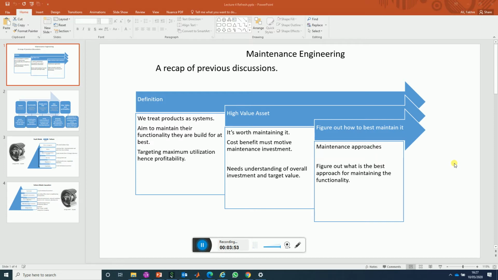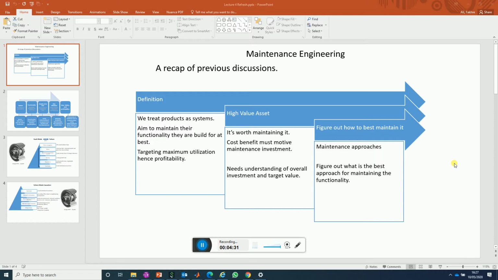So for example, a heat exchanger is built for heat transfer between hot and cold fluid. Now of course, a heat exchanger over time can degrade, right? It can get fouled, for example, or the channels can get blocked. Now what we want to do as maintenance engineers is maximize the utilization of the heat exchanger to the best of its functionality.